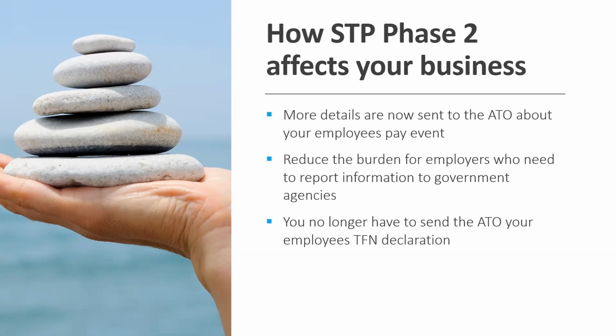But with the introduction of Single Touch Payroll Phase 2, you're now able to report child support deductions via the pay event, and you no longer need to separately report to the child support registrar. So those are all the things that will affect your business for STP Phase 2.